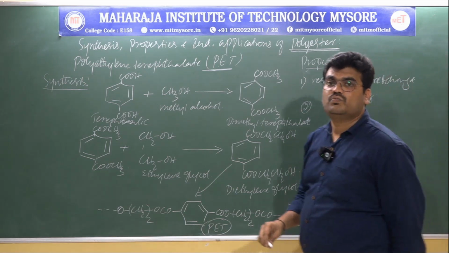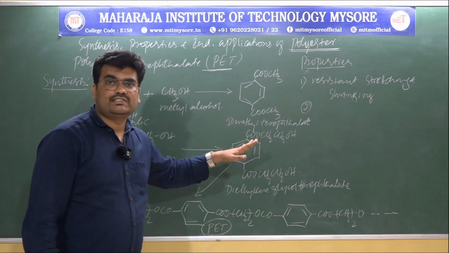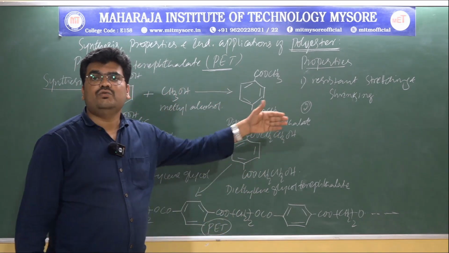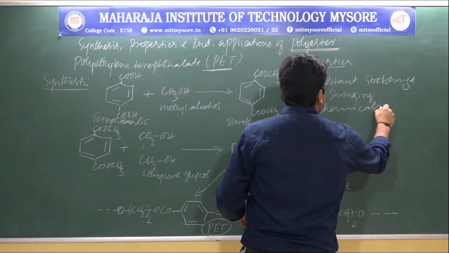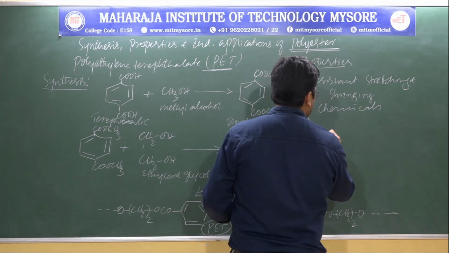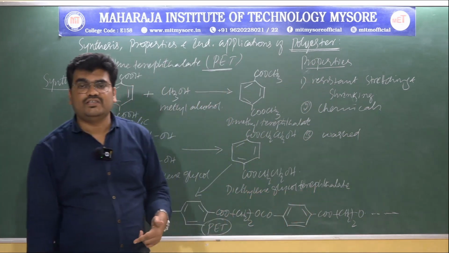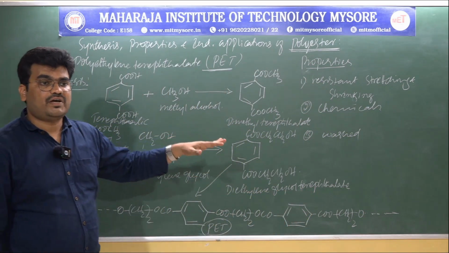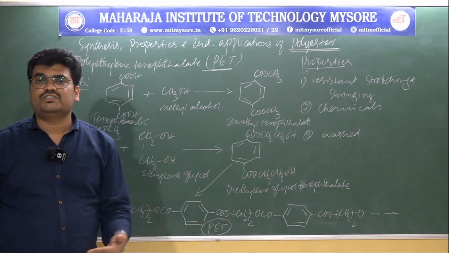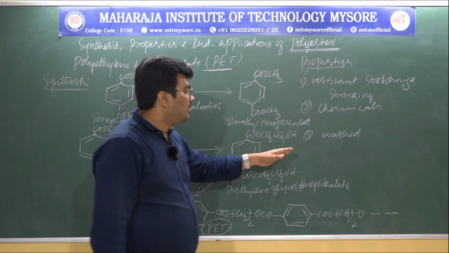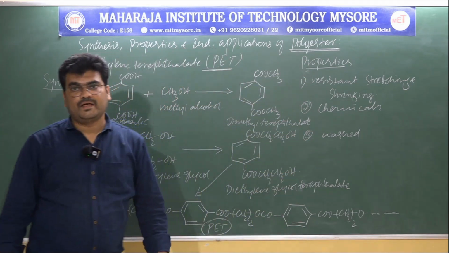And it is resistant to most of the chemicals. That is very, very important. And it can be easily washed, and quick drying takes place, and it exhibits crisp and resilient properties, wrinkle resistant, abrasion resistant, mildew resistant. All these are the properties of this polyester fiber, right?